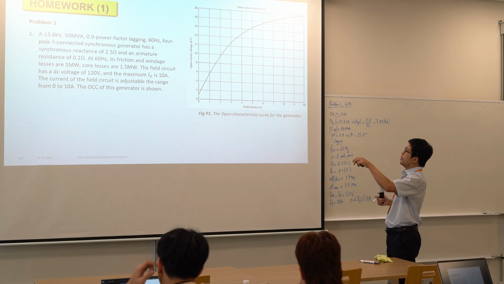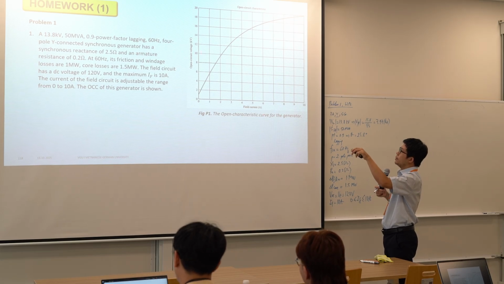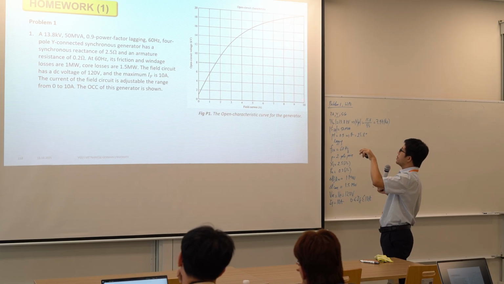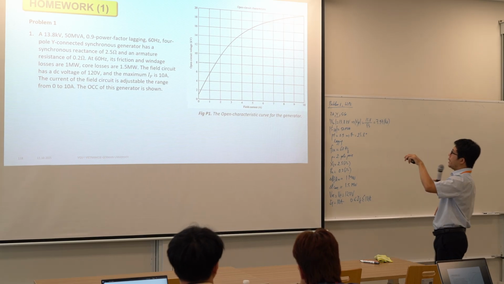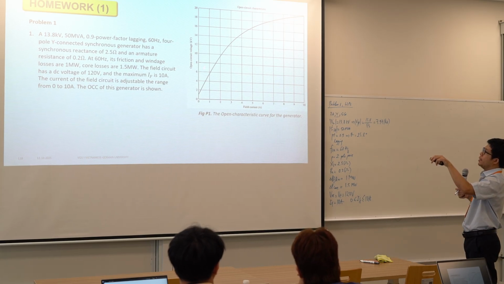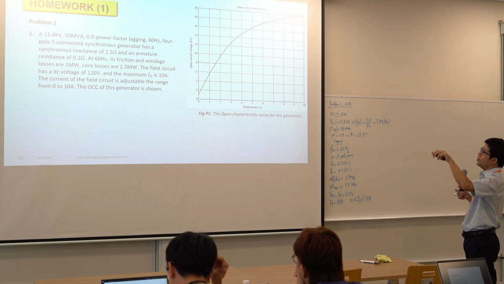So here is the field current. This is the open circuit voltage, with the field current from 0 to 10 amperes. Of course, this is open circuit, so here this is line voltage.